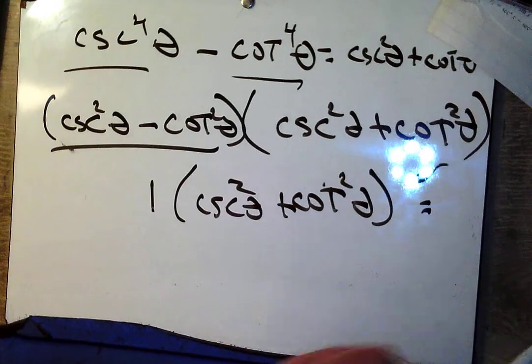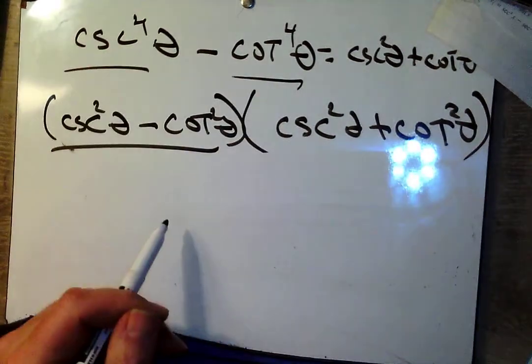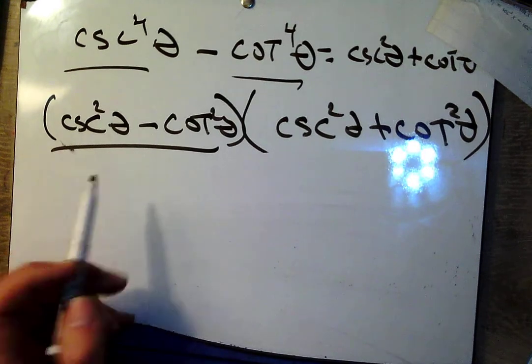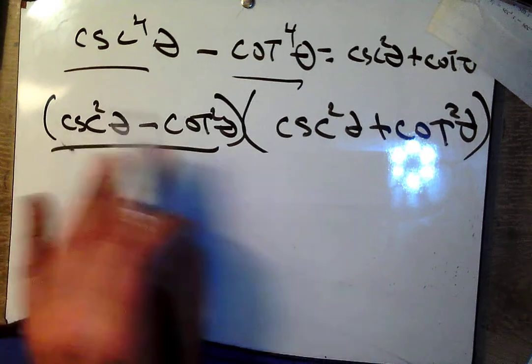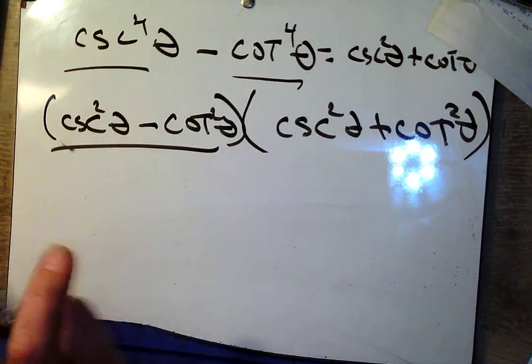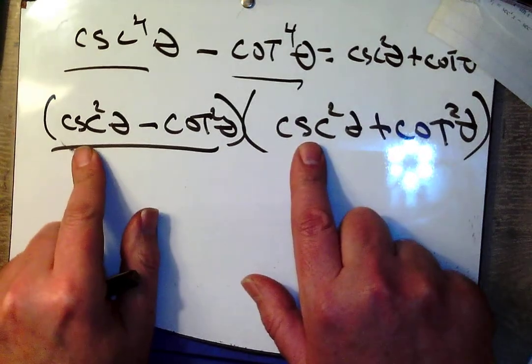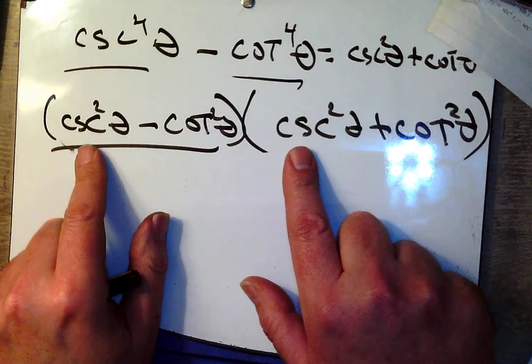And look, I'm done. Now, some people catch the factoring. And then they say, well, maybe I should turn one of these things into the other. Like, maybe I should turn these into cotangent things, because cosecant squared is 1 plus cotangent squared.